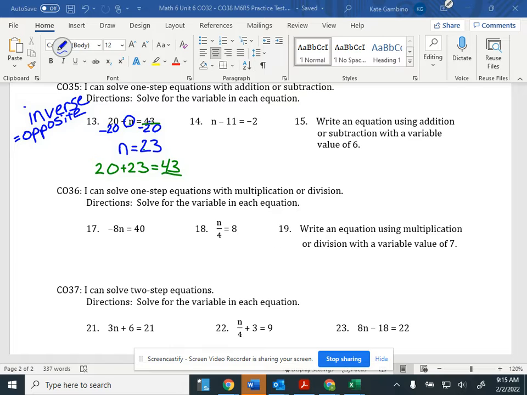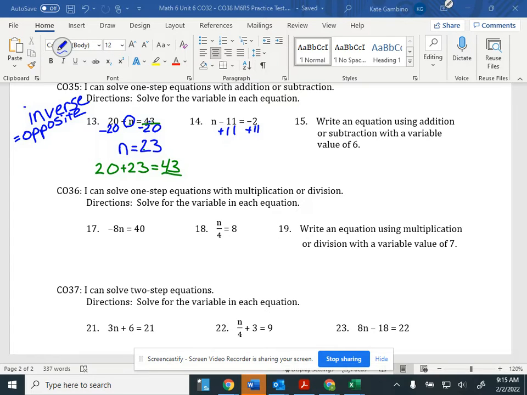All right, number 14. That was a great question, by the way. Number 14, what should I do to solve for n? Will G. Add 11. Yeah, and minus 11, I want to do the opposite. Do that inverse and add 11.